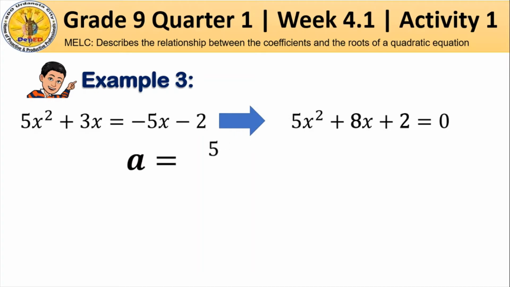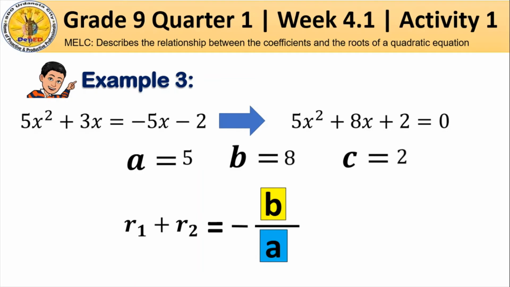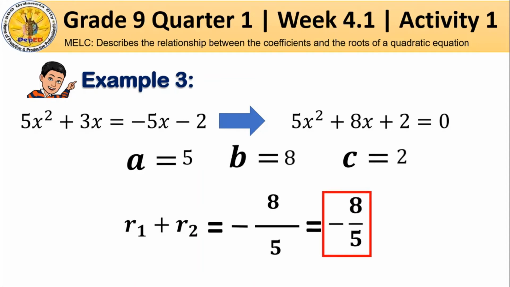A is equal to 5, b is equal to 8, and c is equal to 2. Using the formula r sub 1 plus r sub 2 is equal to negative b over a, we are going to substitute b as 8 and a as 5. Then we further simplify. The sum of the roots of this equation is equal to negative 8 over 5.